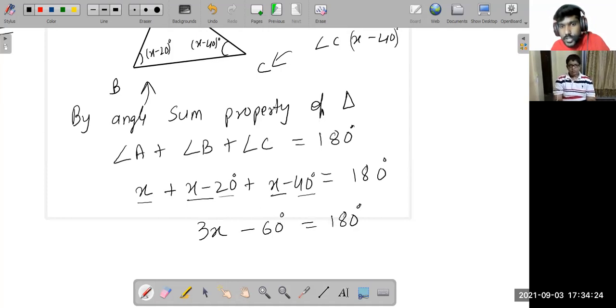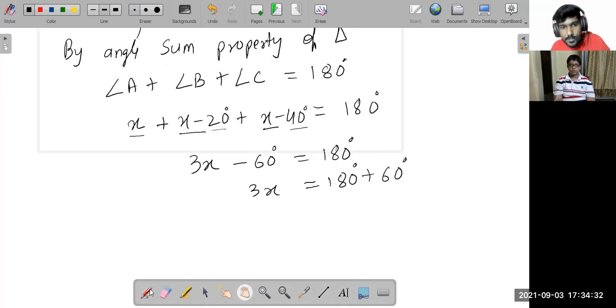Take minus 60 on the other side. So 3x is equal to 180 degree plus 60. How much is 180 plus 60? 240 degrees.